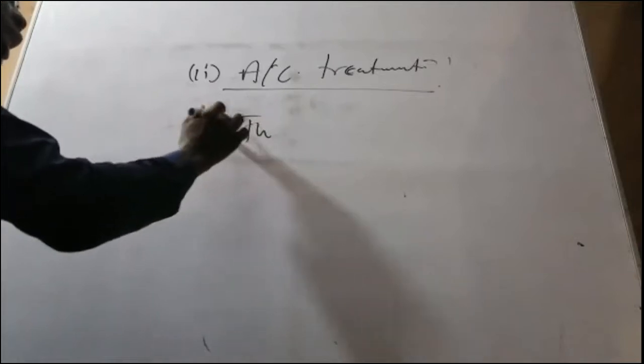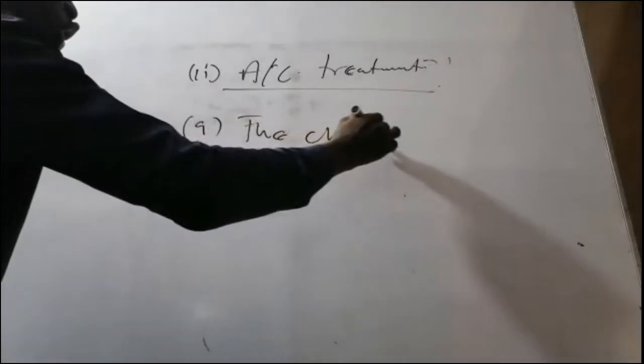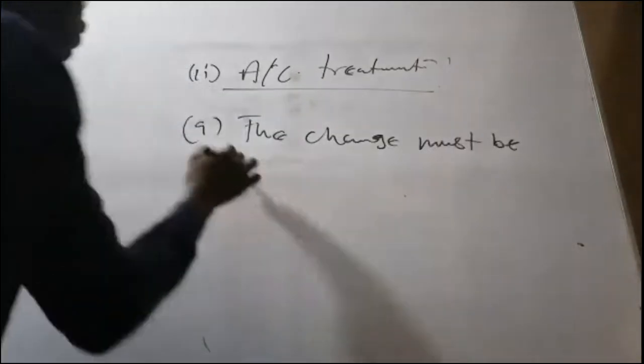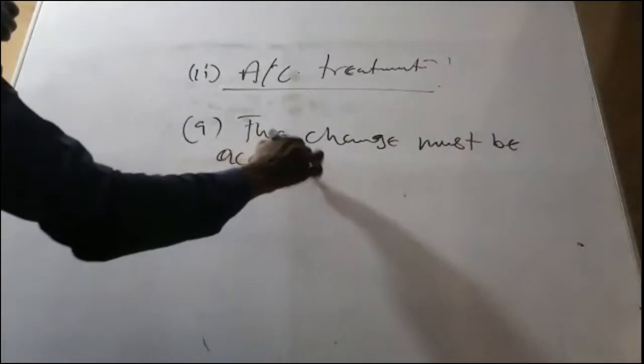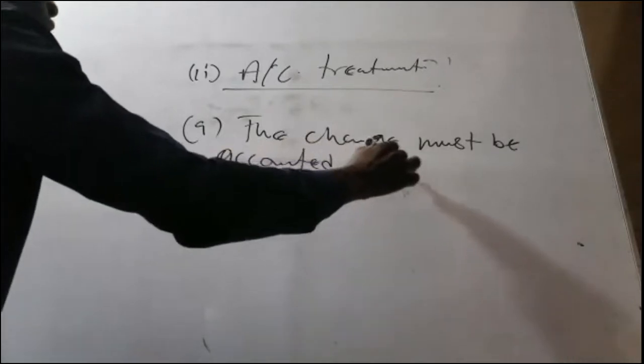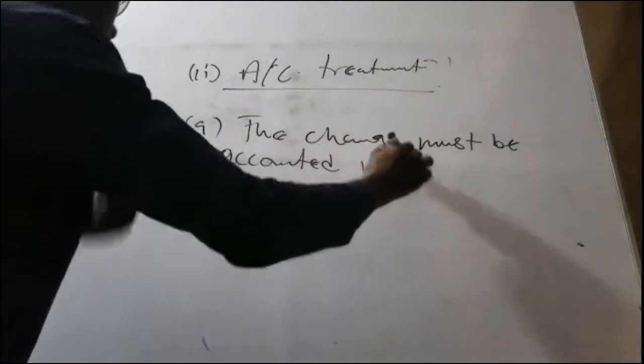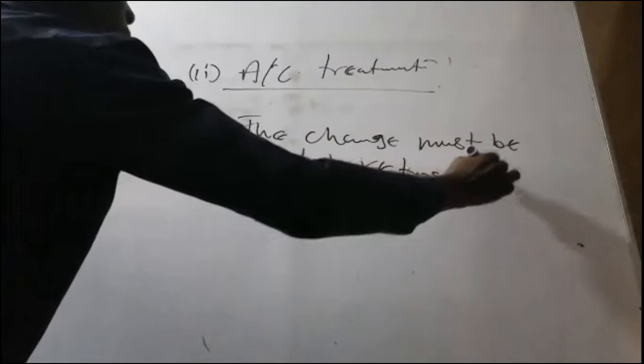The first point, the change must be accounted for retrospectively. So tell the examiner that the change must be accounted for retrospectively.